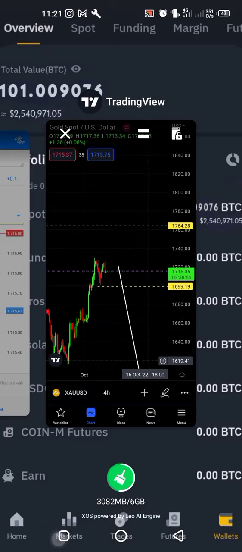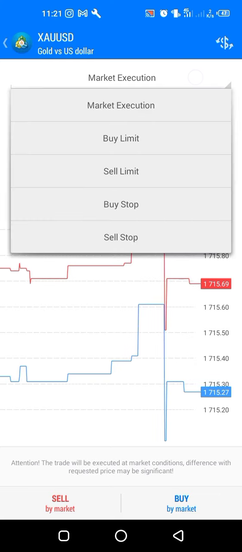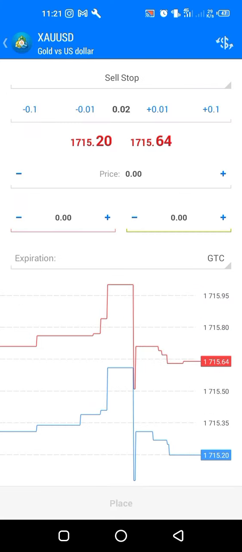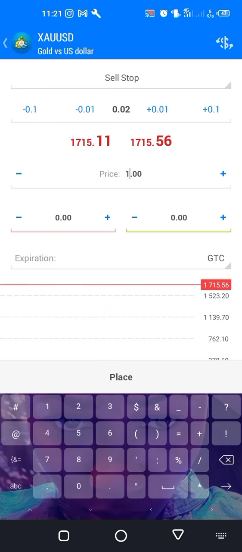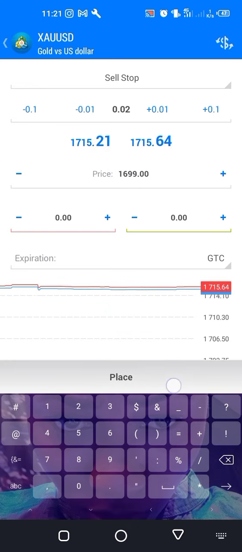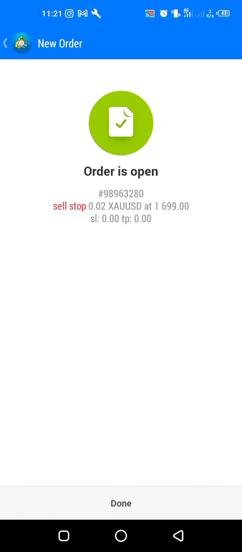Price here is 1699. Sell stop at 1699, you can see it will allow you to place that trade. Look at it here. This is the current market price, and you see your pending order below.